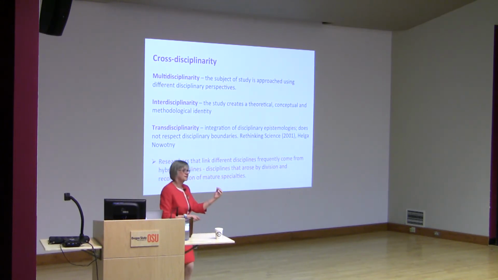Then there is interdisciplinarity, in which the study ends up with a unified theoretical and conceptual identity. So during the study, it's forging a new identity rather than looking with different identities at a particular subject.